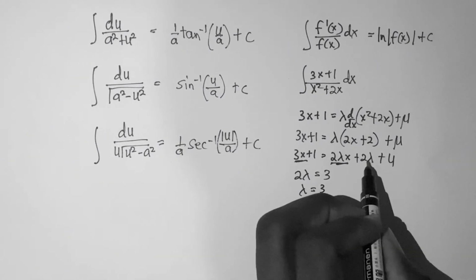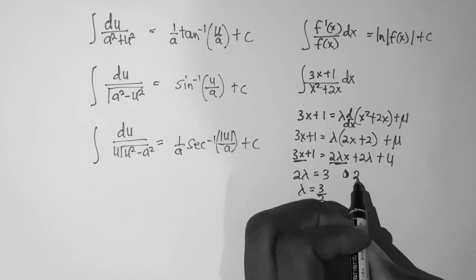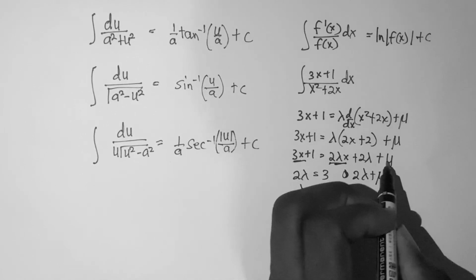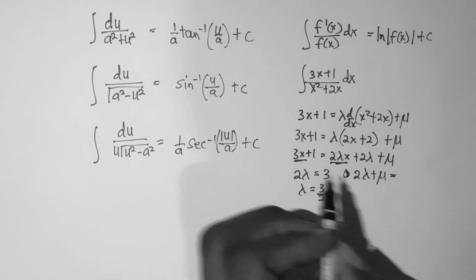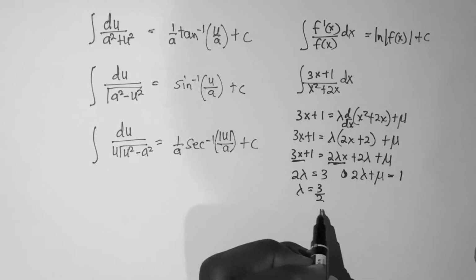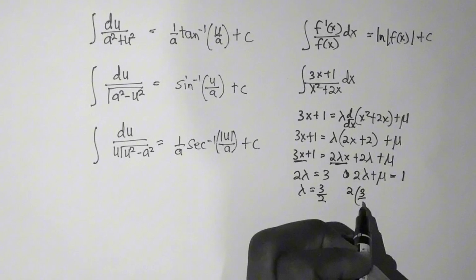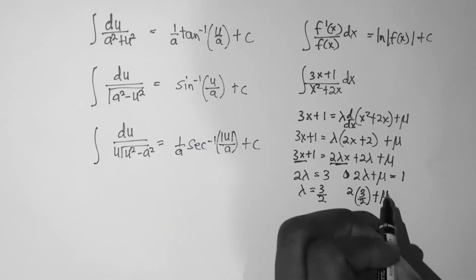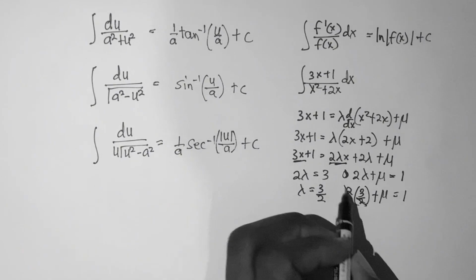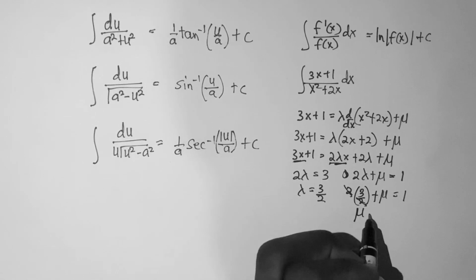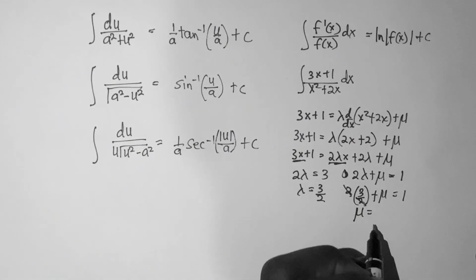And then we also know that 2 lambda plus mu equals 1. But we know that lambda is 3 over 2, so 2 times 3 over 2 plus mu is equal to 1. So this can cancel out, and therefore we get mu to be equal to 1 minus 3, which is minus 2.